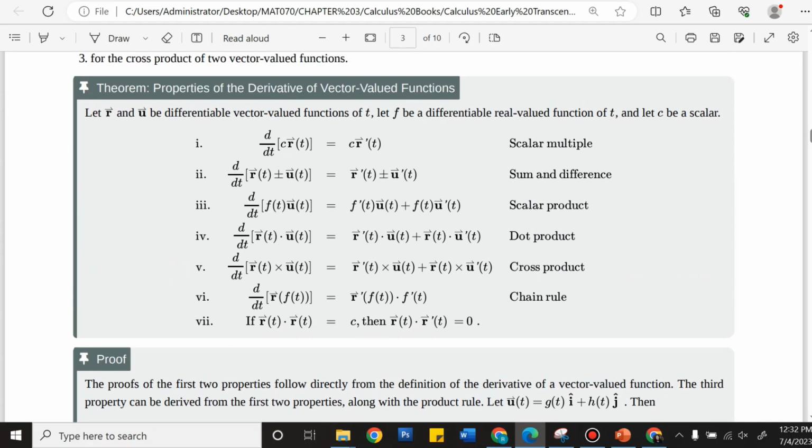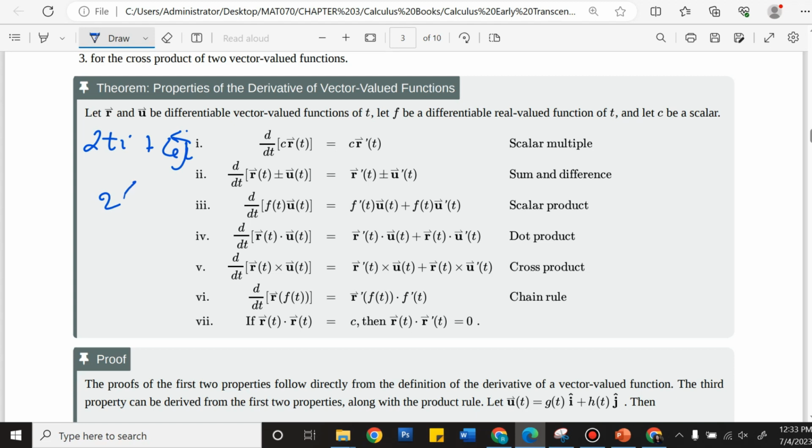Okay. Now, let's have the properties of derivatives when it comes to vector valued functions. First, letter 1. Scalar multiple means if there is a constant on the outside, you can multiply that inside or you can take it out. Okay? An example of this is 2 times 2ti plus 6j.